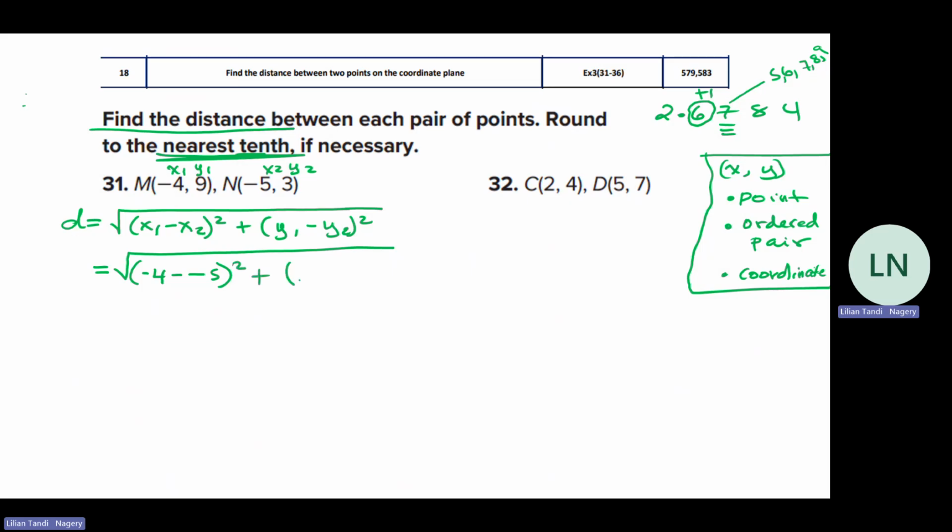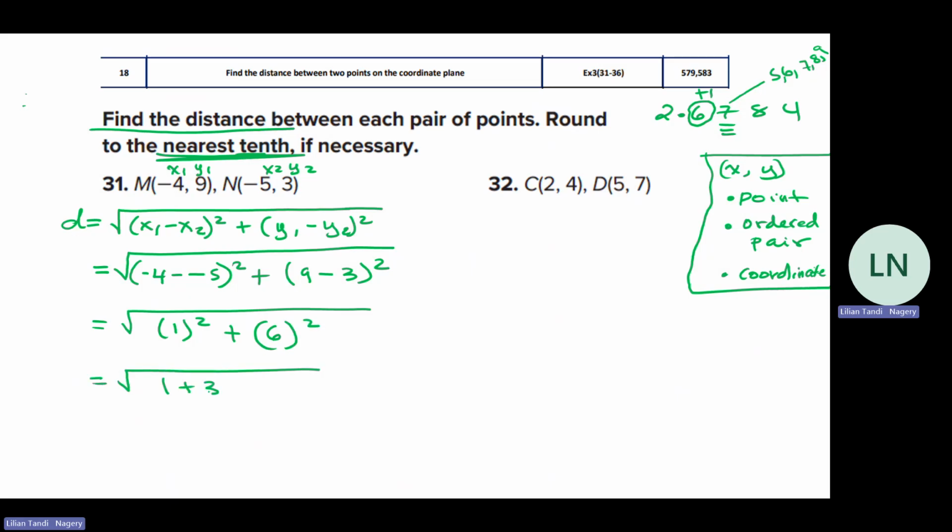What are my y's? 9 subtract 3, and then square it. Then this will give me 1 squared. You have to use parentheses. That will give you 1 plus 36. That will give you the square root of 37.